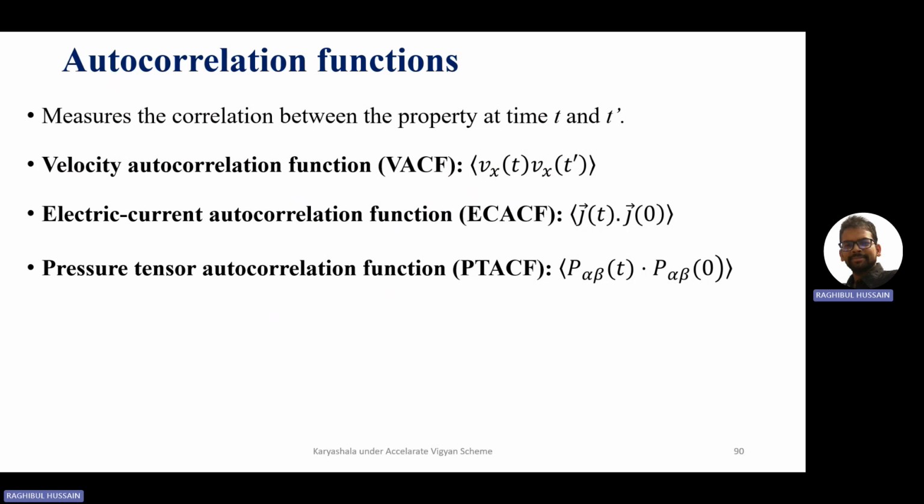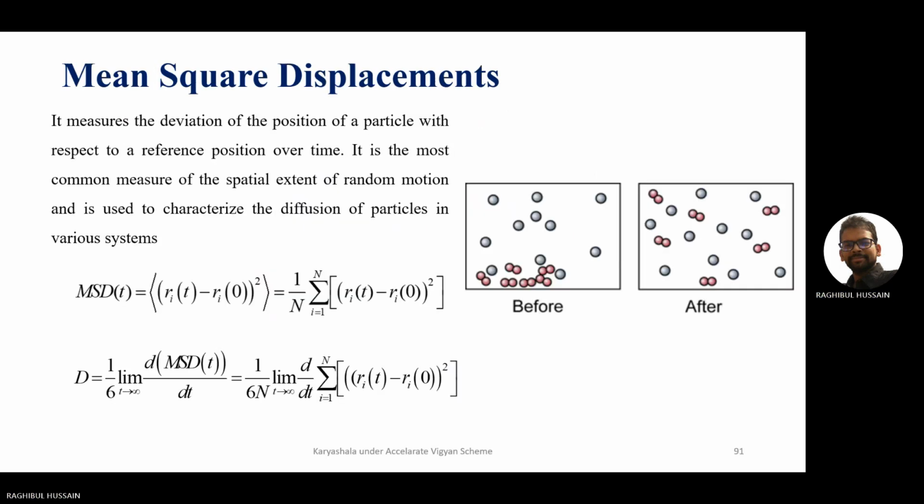So ensemble average we already have discussed. Other than the autocorrelation function, we can also compute the diffusivity by measuring the mean square displacement. Okay. So it measures the deviation of the position of a particle with respect to a reference position over time.